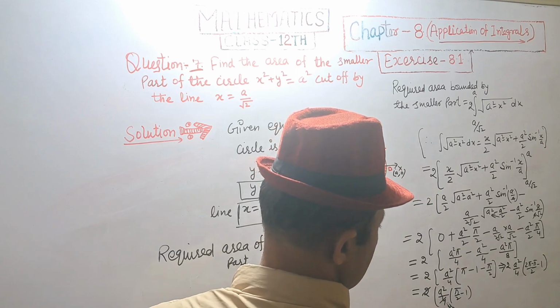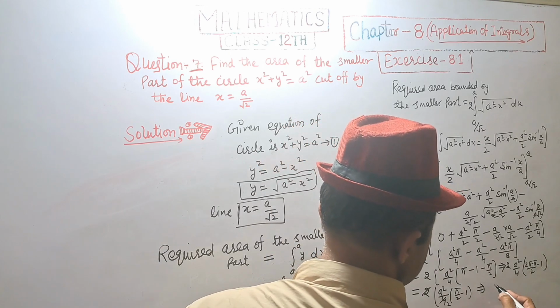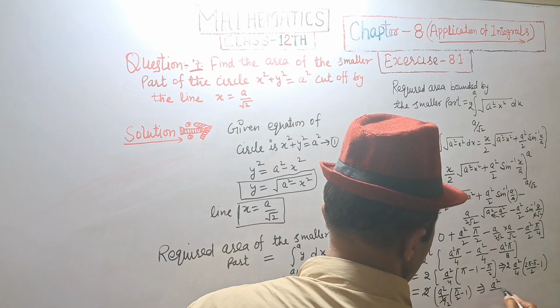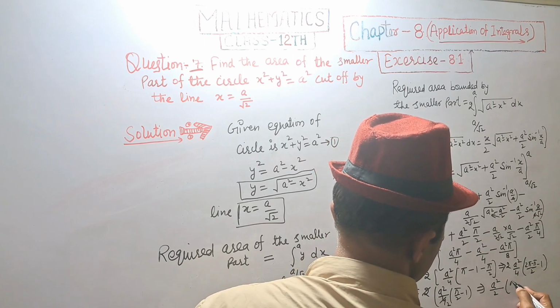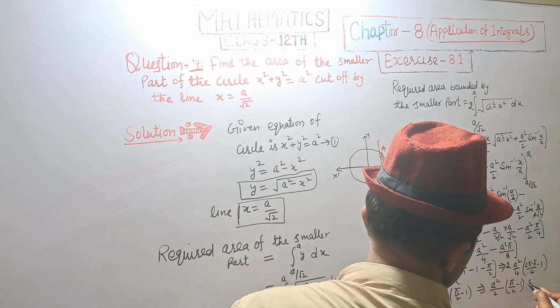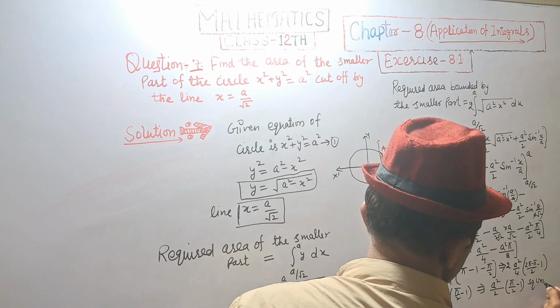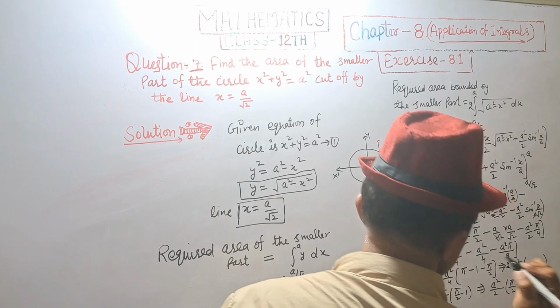This is cancelled by 2, and which implies a square upon 2 in bracket pi upon 2 minus 1 square units. Answer.